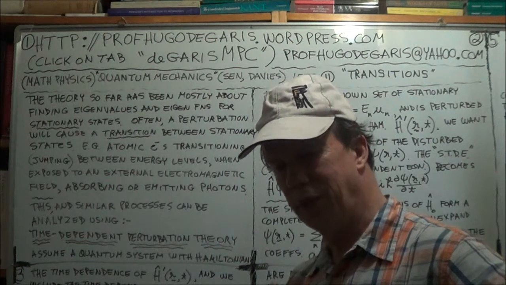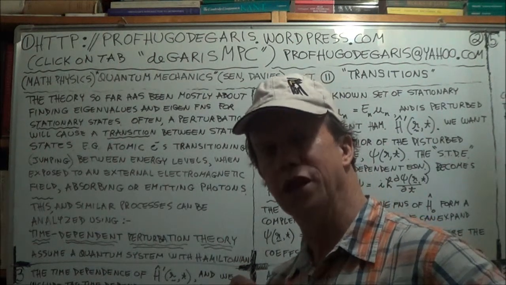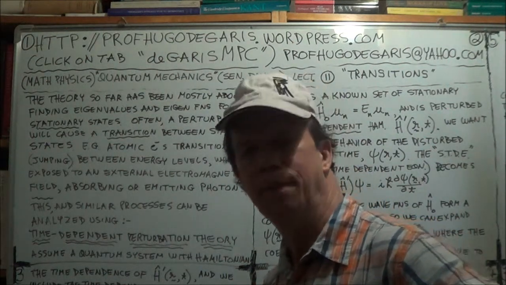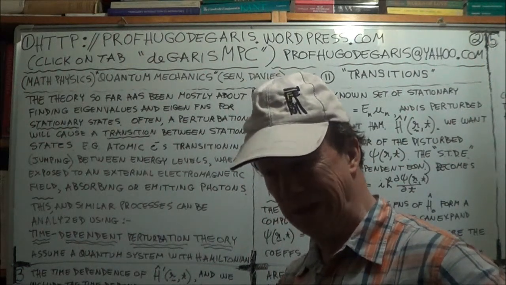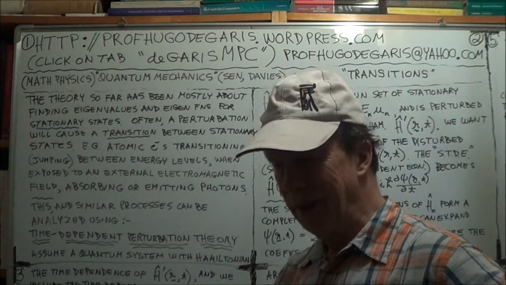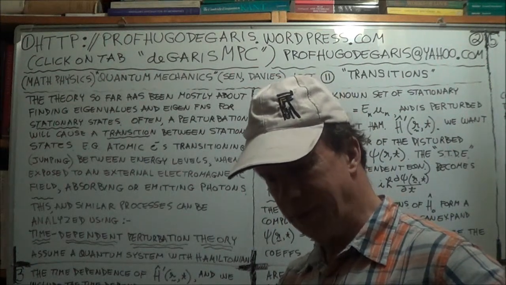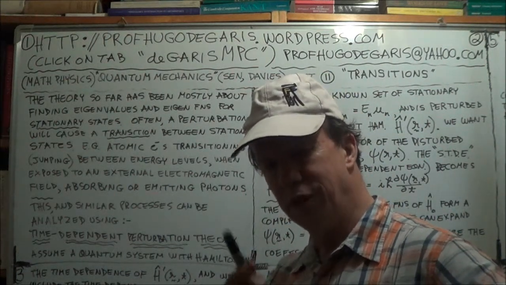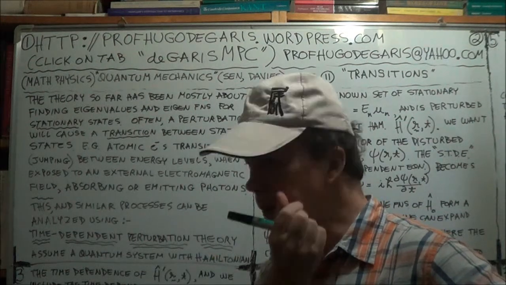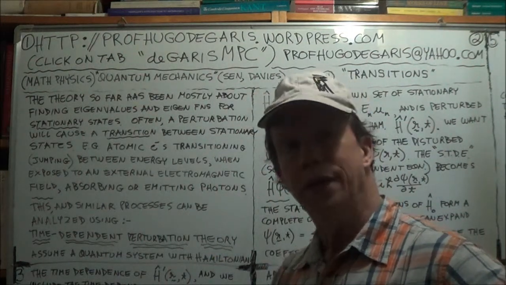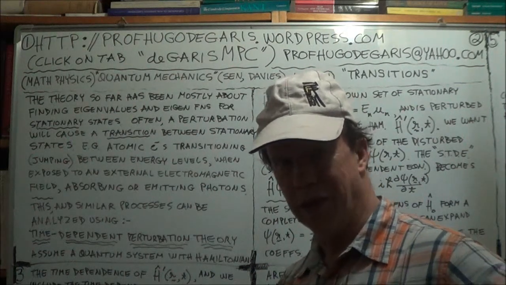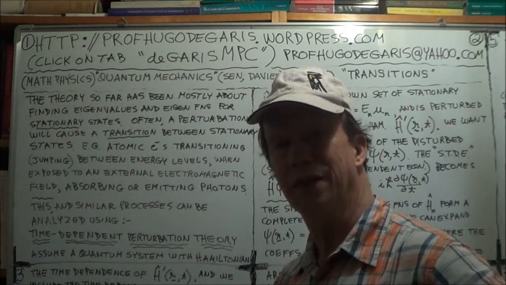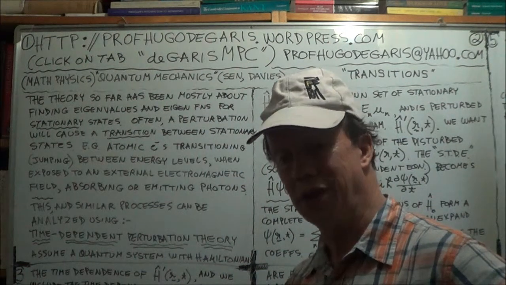So instead of being in a lower energy Bohr orbit, Niels Bohr's model of the atom from 1913, that electron has now moved into a more distant orbit with higher energy, hence an excited state. That would be an example of a transition.